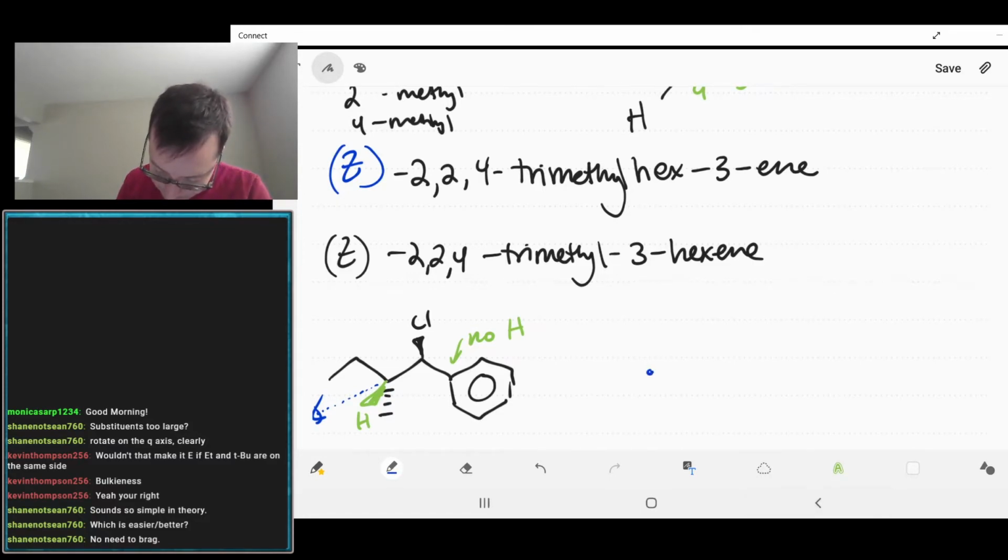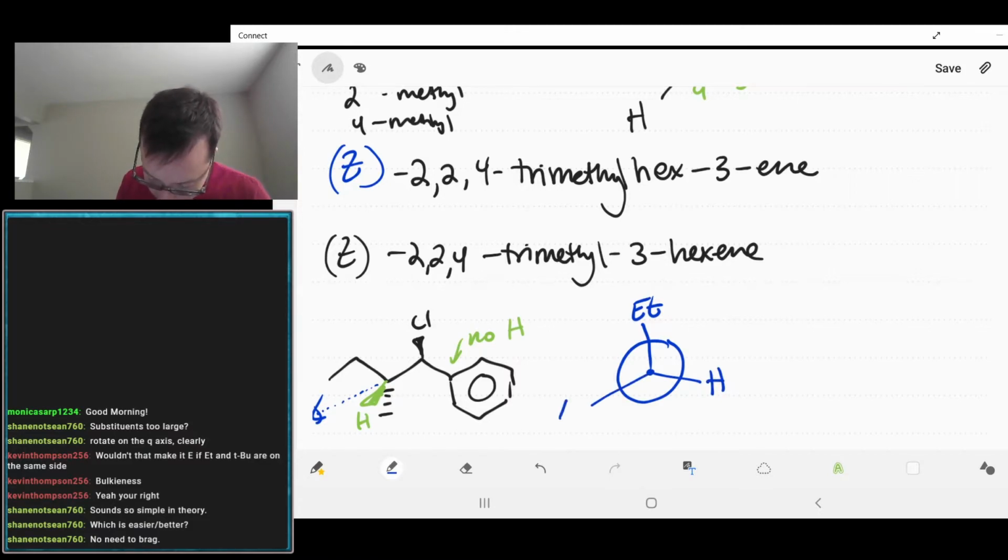We have an ethyl group up. We have a hydrogen on a wedge, which means it's on the right. We have a methyl group on the dash. On the back carbon, we have chlorine on the right. That's a wedge. Down, we have a phenyl group. And then we have a hydrogen on the dash.